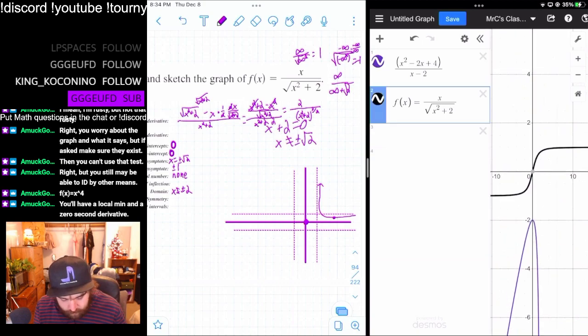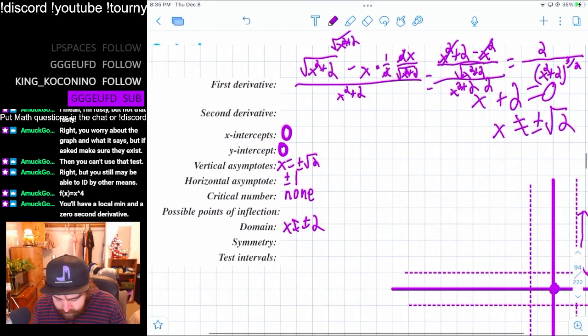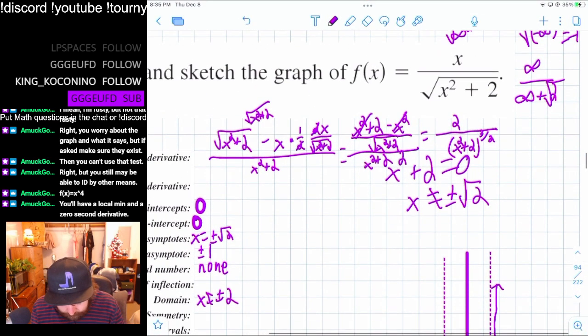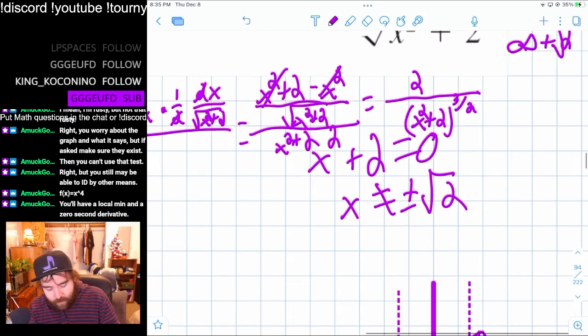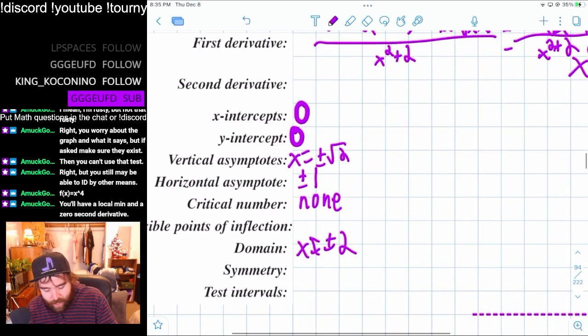Does it have holes? Oh, we're such bots, or I'm such a bot. There's no vertical asymptotes. This is the square root of negative 2. There's no vertical asymptotes.